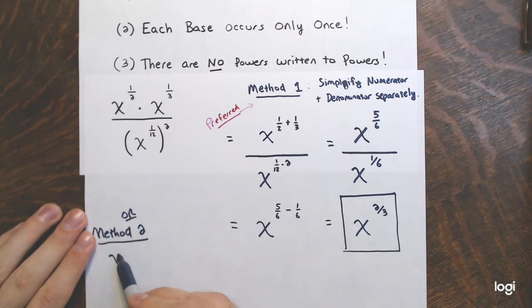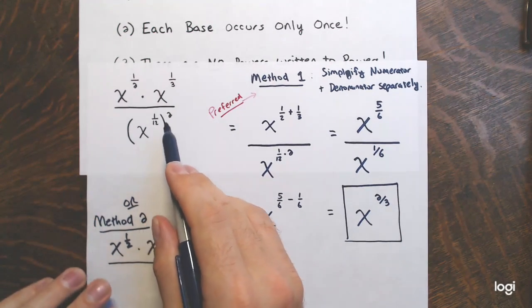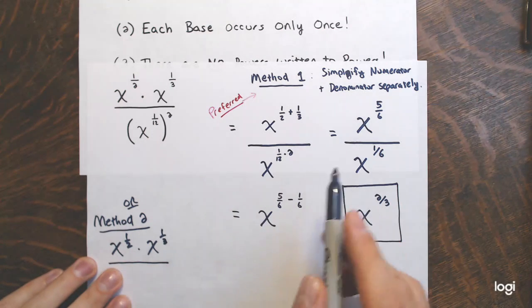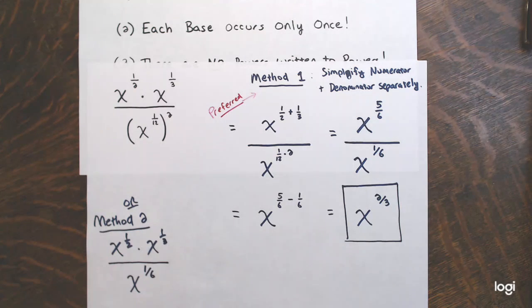I'll keep the x to the half times x to the 1/3 up top, and then simplify the denominator. Remember, this is x to the 1/6. We already did that. And then I see I can do that division property. I see a factor part of a product. If this was a plus, I couldn't do this, but I have a multiplication.